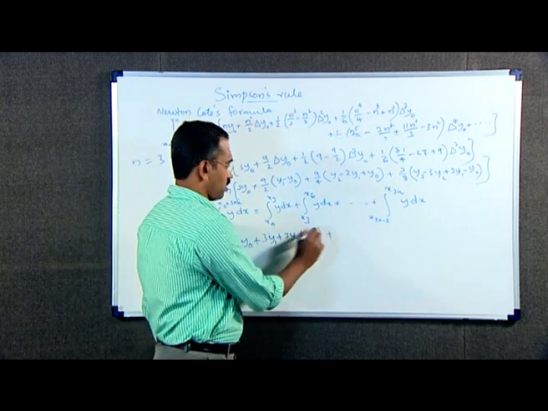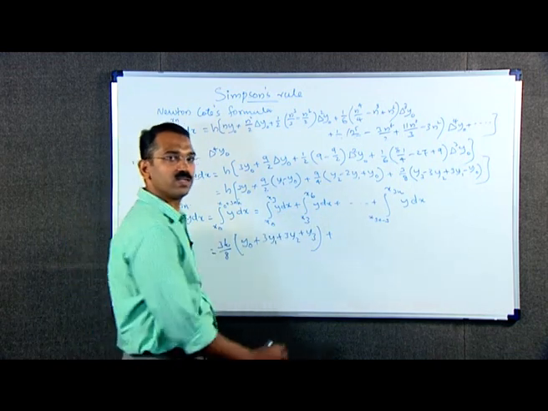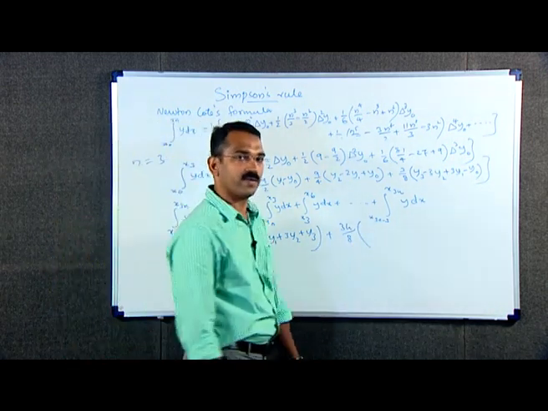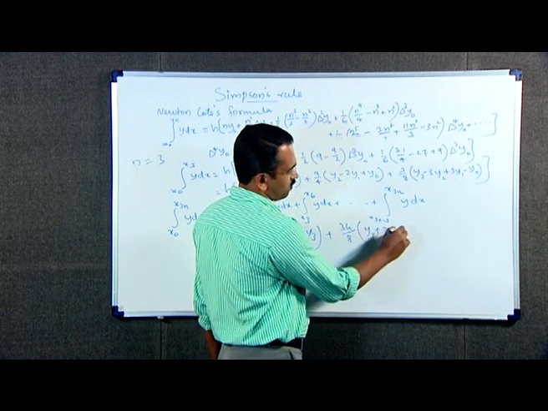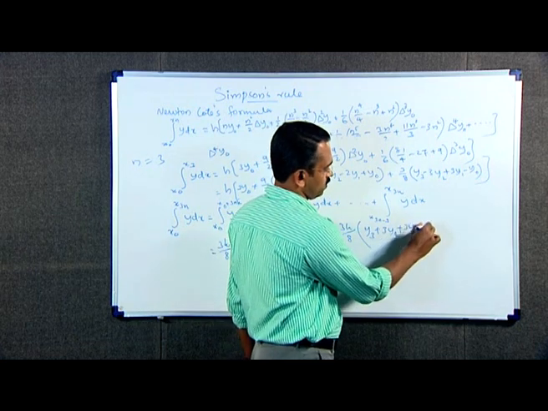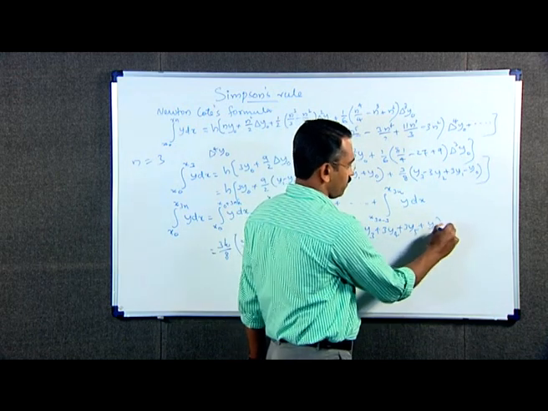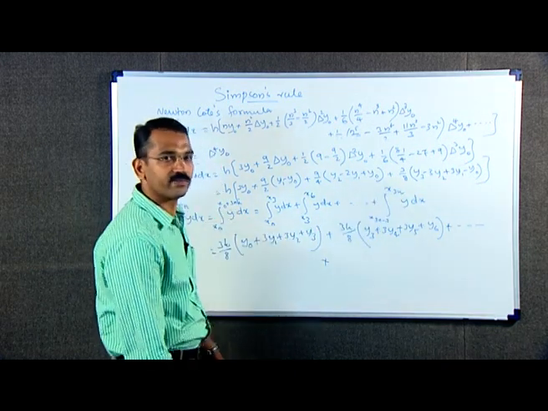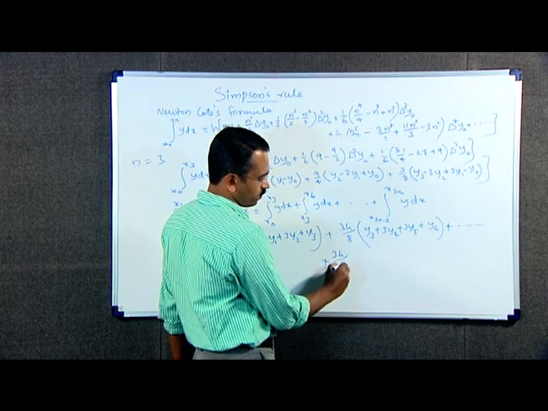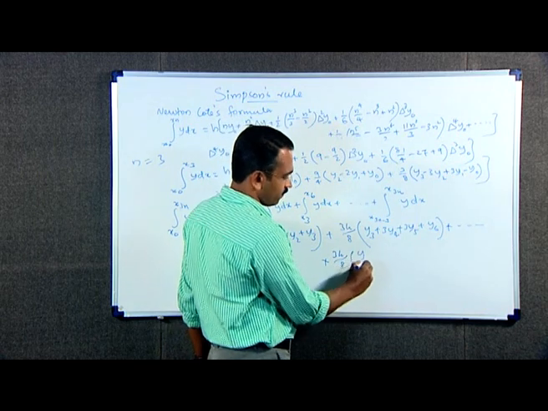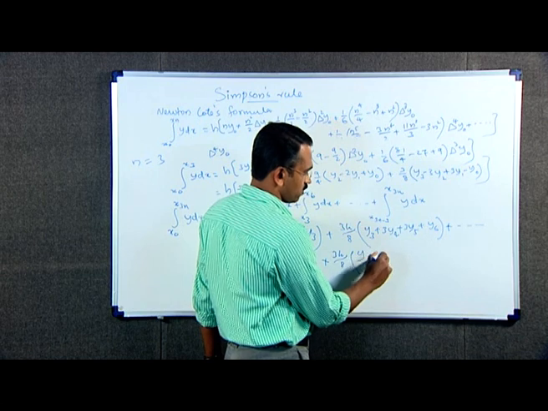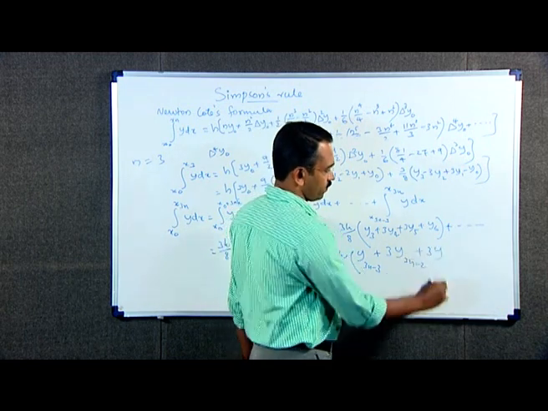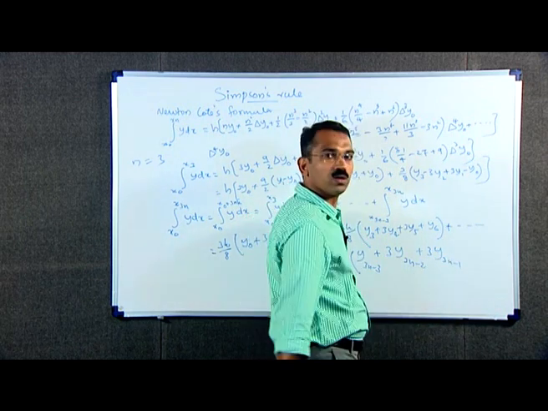Plus, similarly, the value of the next integral is 3h by 8 into y3 plus 3 y4 plus 3 y5 plus y6, plus etc., plus the value of the integral from x3n minus 3 to x3n of y dx, which is 3h by 8 into y3n minus 3 plus 3 times y3n minus 2 plus 3 times y3n minus 1 plus y3n.